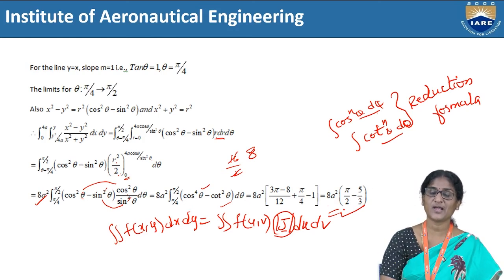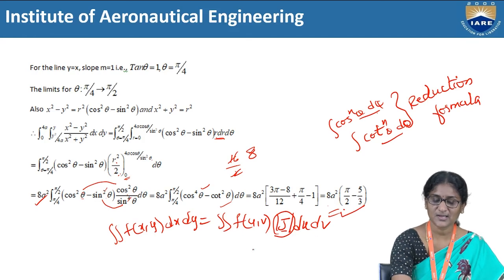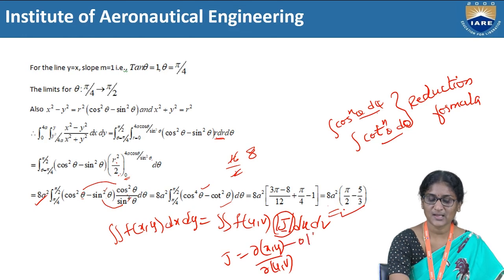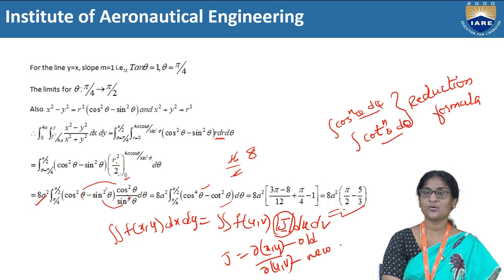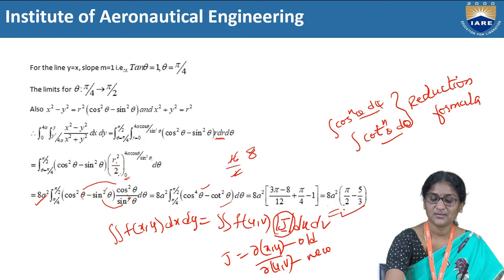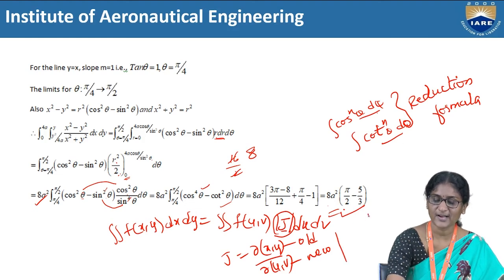And what is the Jacobian value? The Jacobian J is equal to the partial differentiation of x comma y with respect to the partial differentiation of u comma v. These are the old coordinates and these are the new coordinates. So the old and new coordinates have to be taken, and the matrix determinant has to be found by using x_u, x_v and y_u, y_v.